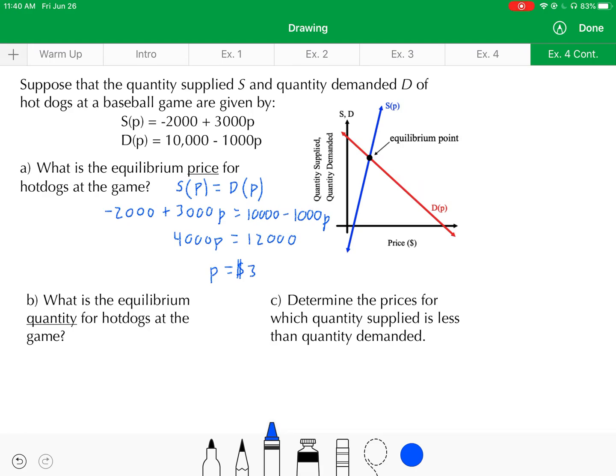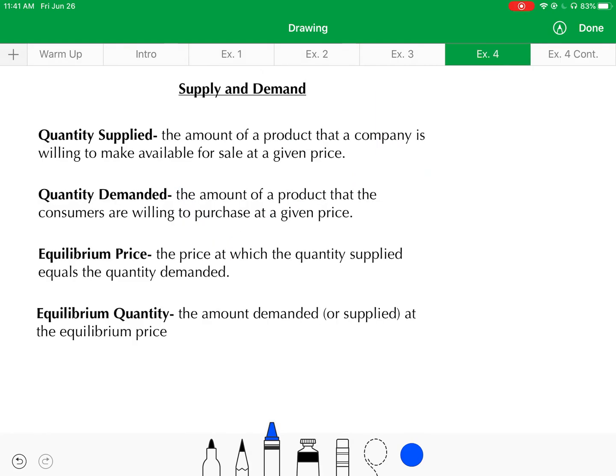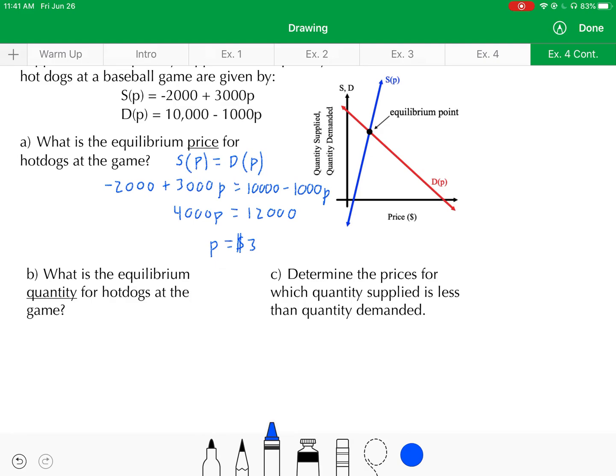Part B, what's the equilibrium quantity for hot dogs at the game? Well, if we go back and look at our definition, equilibrium quantity is the amount demanded or supplied at the equilibrium price. Well, we just found that equilibrium price to be $3.